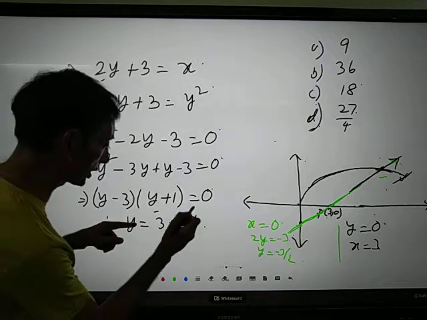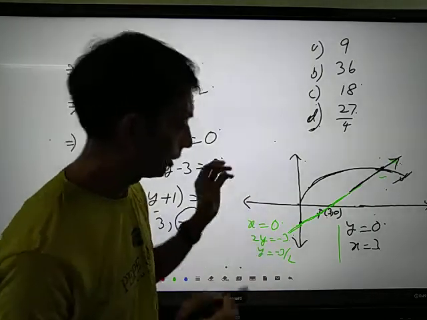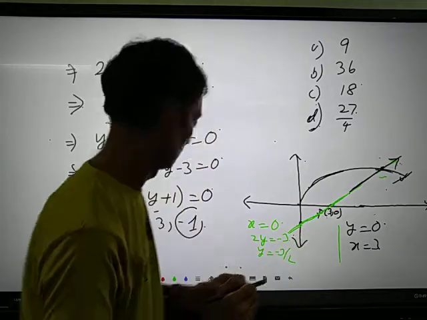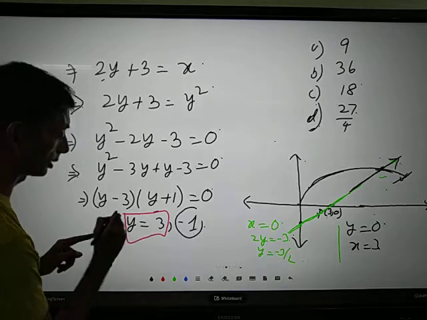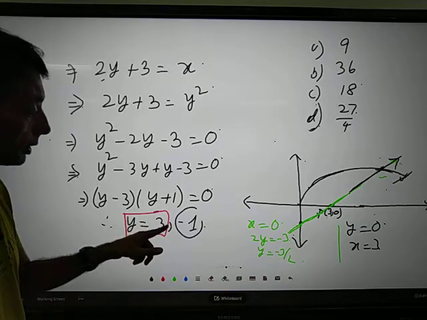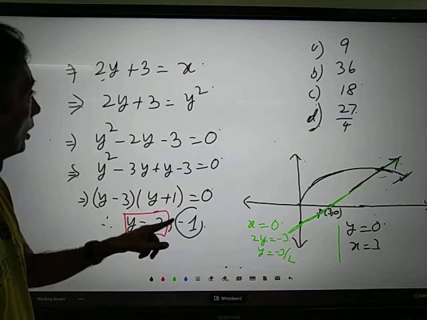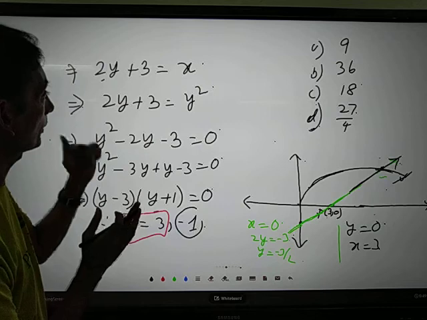So this minus 1 is not important for us because we are going to determine the area in the first quadrant. So for us, the most important point is y equal to 3. Now if y equal to 3, we can just calculate the value of x from the line.